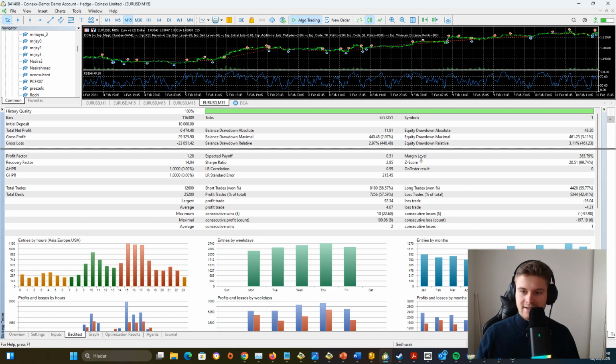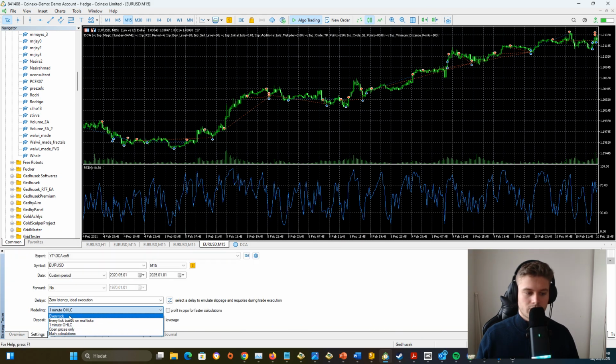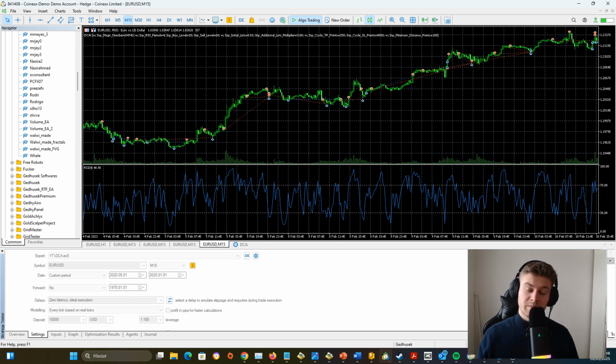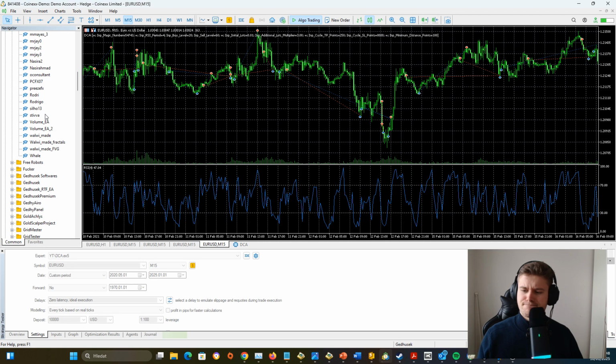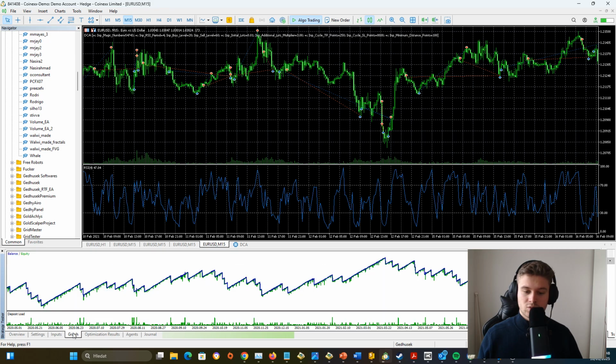What I am interested in is how well this can perform with every tick based on the real ticks, because it's very easy for any EA to be profitable on 1 minute OHLC, but it's pretty difficult to do that on every tick based on the real ticks. It's even more difficult when the EA uses very tight take profits or stop losses, and this one does.